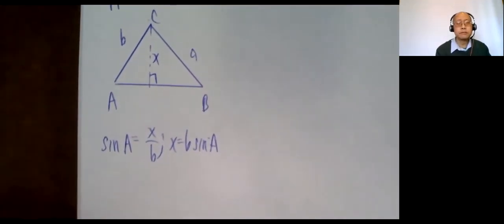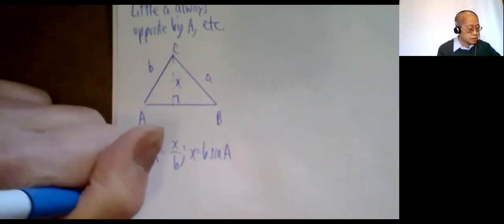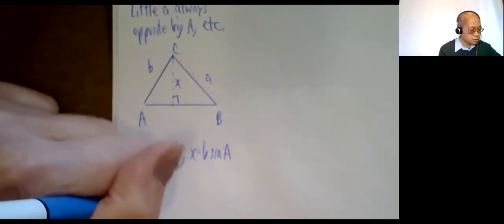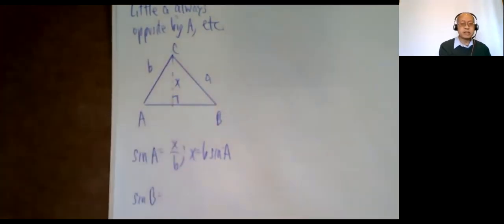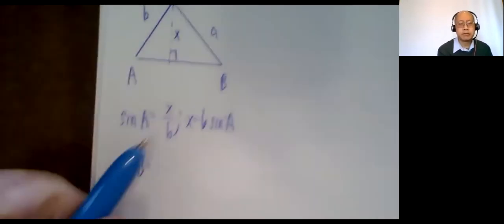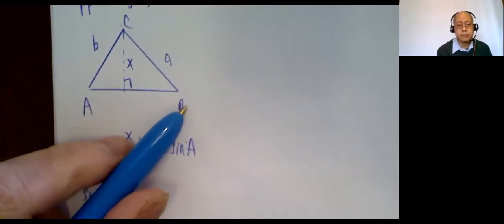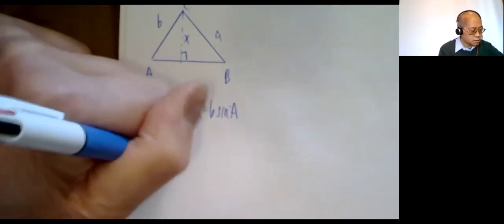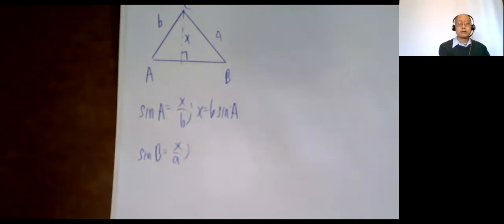Okay, similarly, look at this triangle, it's a right triangle. What should be the sine of B, big B? Opposite over hypotenuse, x over a. So multiply both sides by a.